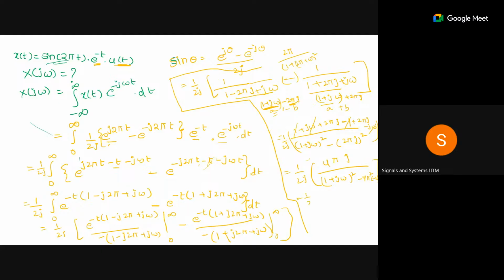So j and j get cancelled, and the numerator will be 2 pi divided by 1 plus j omega whole square plus 4 pi square. This is the final answer. Did you get this? Yes, ma'am, now I got this.